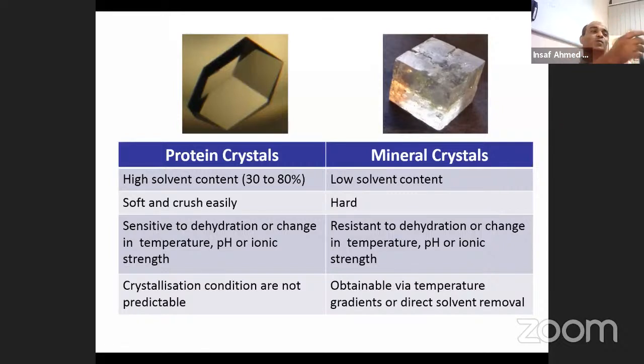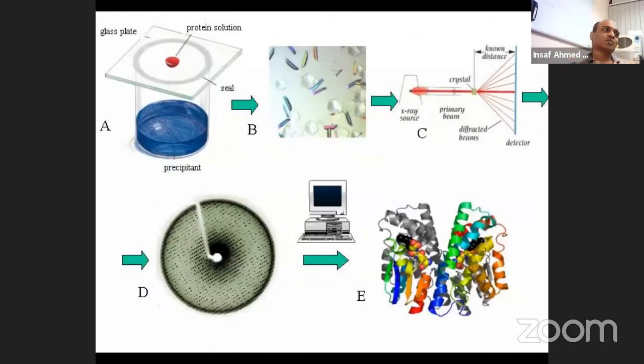So how will you determine the structure? You have grown the crystal, you are having X-ray, now how will you determine it? This is just brief actually. Suppose you have set up vapor diffusion by the hanging drop method. You got this crystal. Now you take your crystal to the X-ray beam. An X-ray beam should be at 1.5 angstrom.